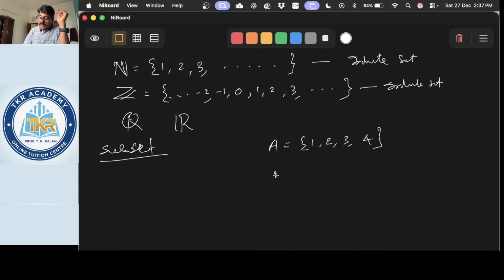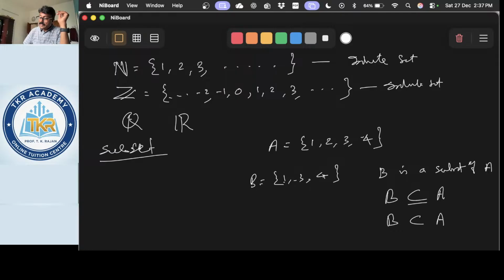Now you take a set like 1, 3, 4, which I am naming B. You can see that all the elements of B are in A. So here we write B is a subset of A. Symbolically, we write B subset of A. There are two symbols that we use: this is subset equal to, and this is proper subset of A.